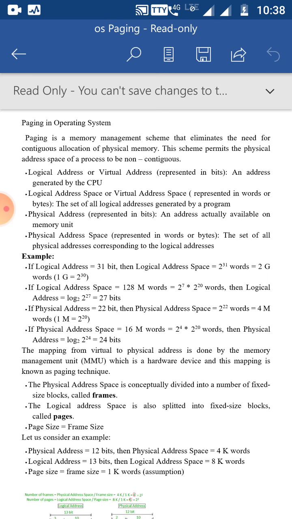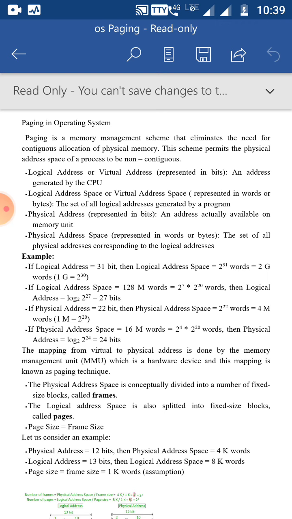Next, 12 mod 10 gives 2, which is the page offset. So the CPU generated one logical address, 12, and it must be converted into 2 components, page number and page offset. How are they derived? Using the page size.